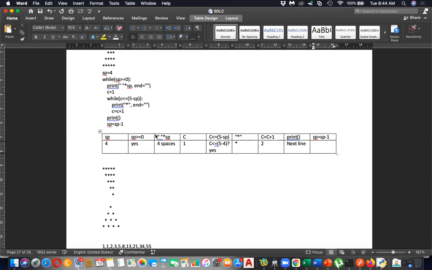And then SP equal SP minus 1. SP is 3 now.